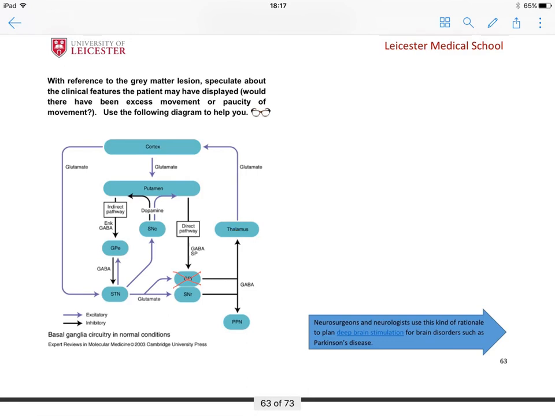So the physiological role of GPI is to inhibit the thalamus. In the case where the GPI has been destroyed, the thalamus is no longer being inhibited. Therefore, the thalamus has had the brakes taken off it. And if you take the brakes off the thalamus, you get increased thalamic activity and, as a consequence, increased activity in the motor cortex.